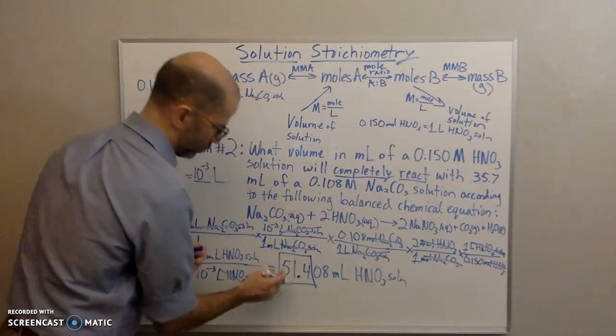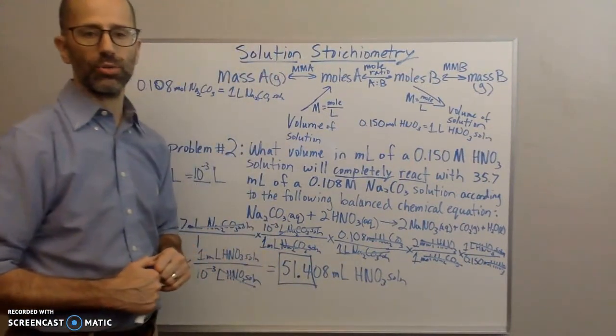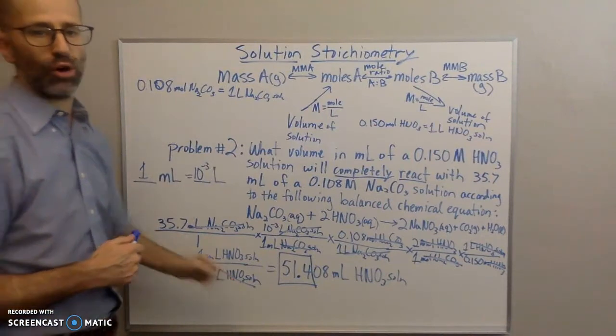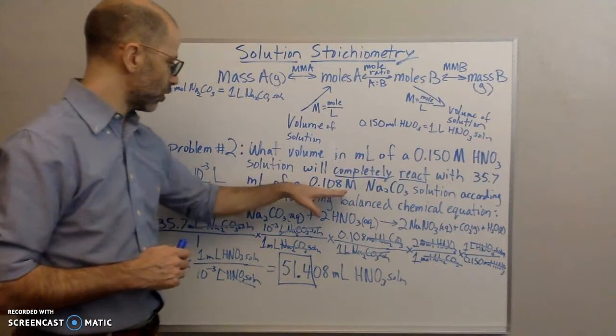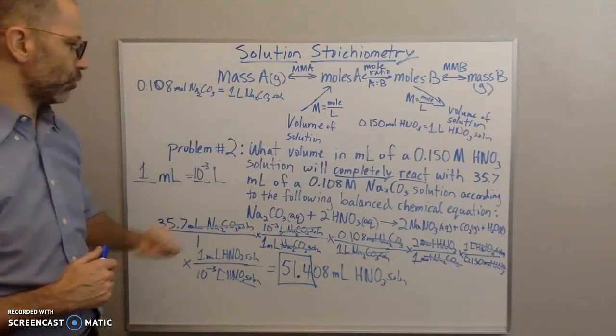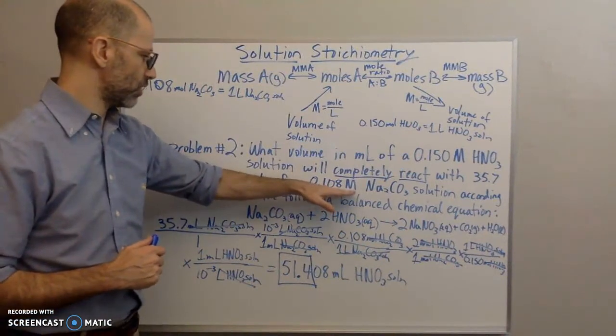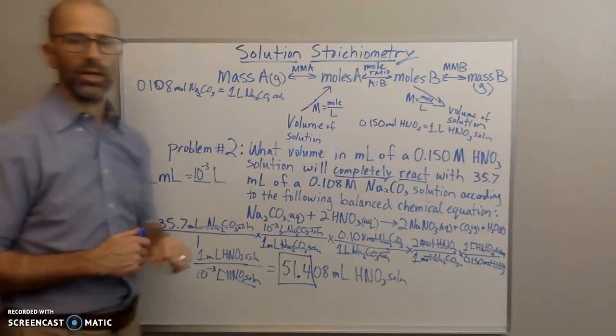So my final answer is 51.4 milliliters of the HNO3 solution. That is the volume that is needed for this molarity of HNO3 to react completely with this volume and this molarity of the sodium carbonate.